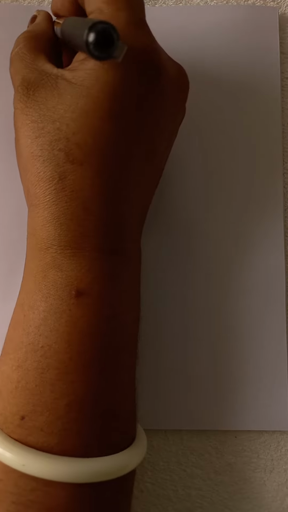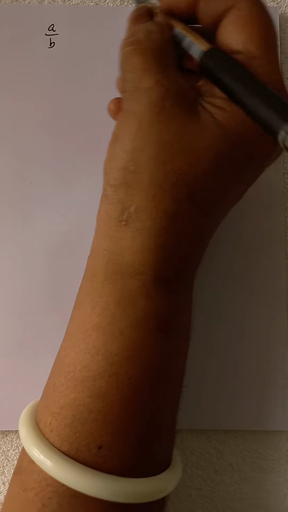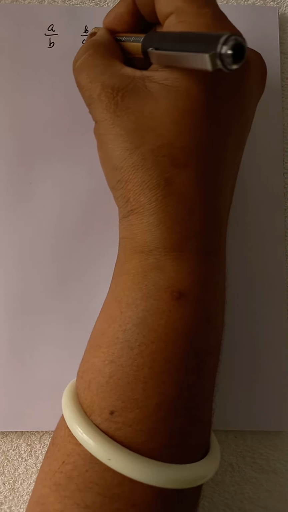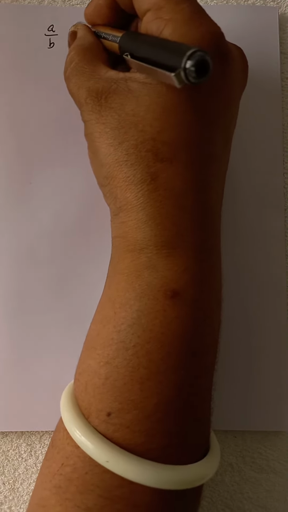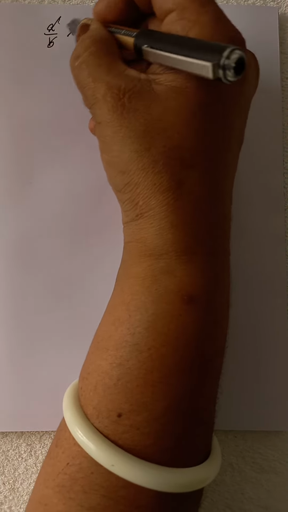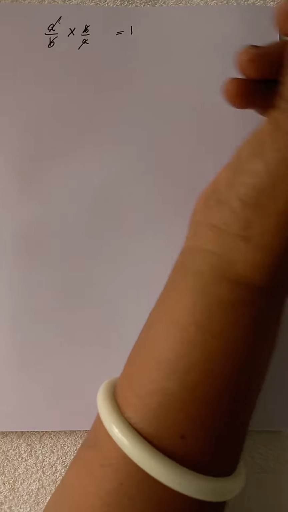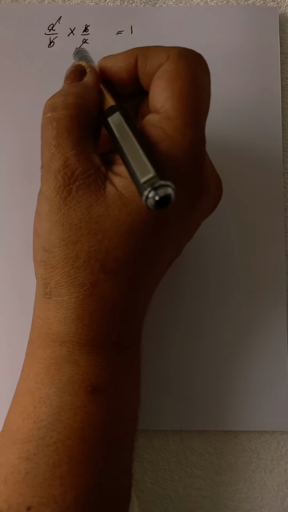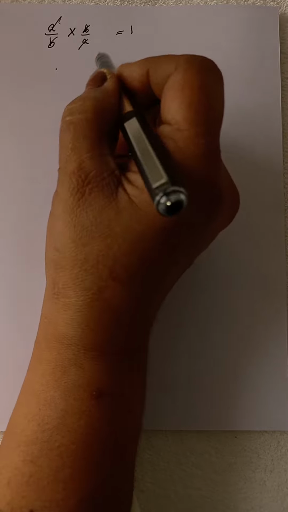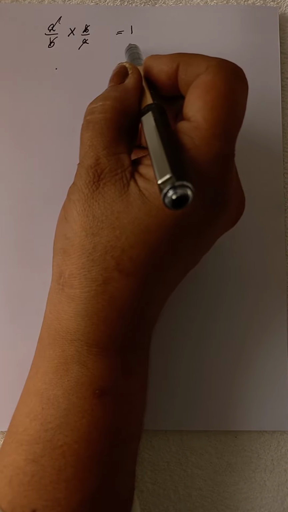Now if you take a by b rational number, then we know its multiplicative inverse is b by a. And if you take the product, a and a can be cancelled, b and b can be cancelled. So the answer is 1. So in general, we can say that the product of a rational number and its multiplicative inverse is always 1.